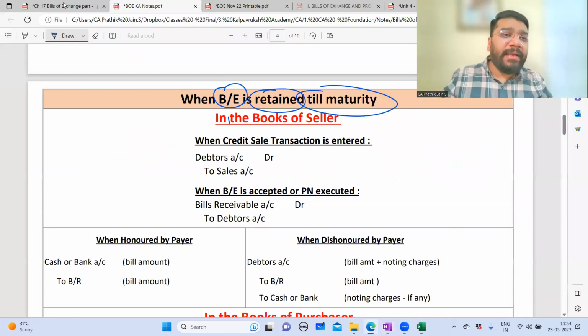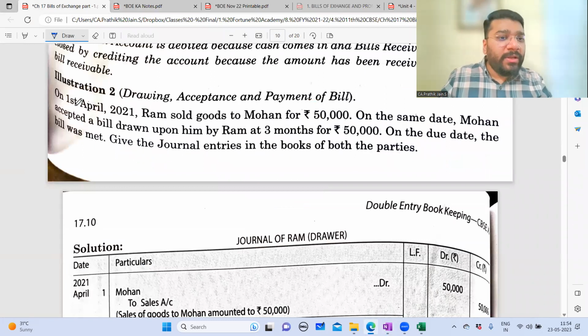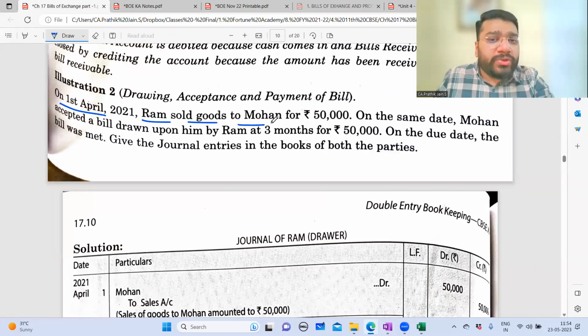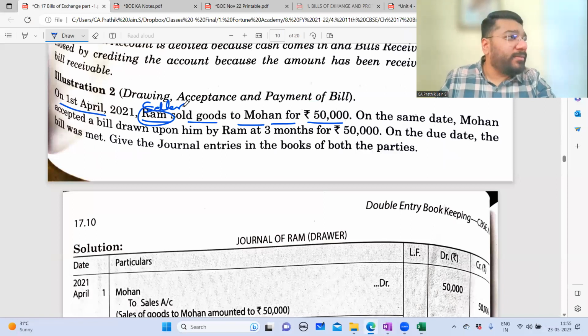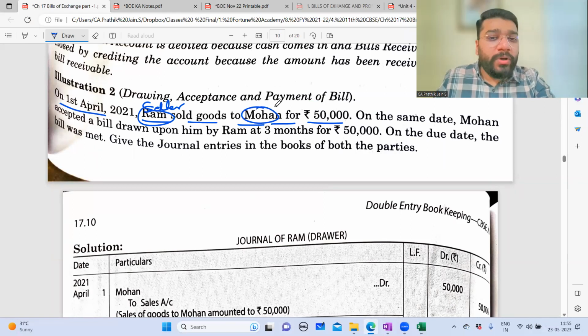So let's take a practical question to understand this. On 1st April 2021, Ram sold goods to Mohan for 50,000 rupees. Who is the seller? Ram is the seller. Who is the buyer? Mohan is the buyer. Value of the goods is 50,000 rupees.